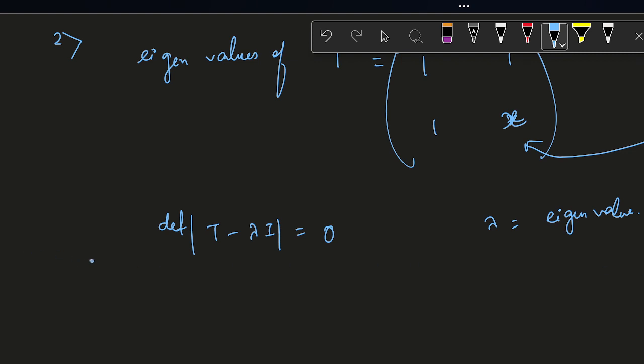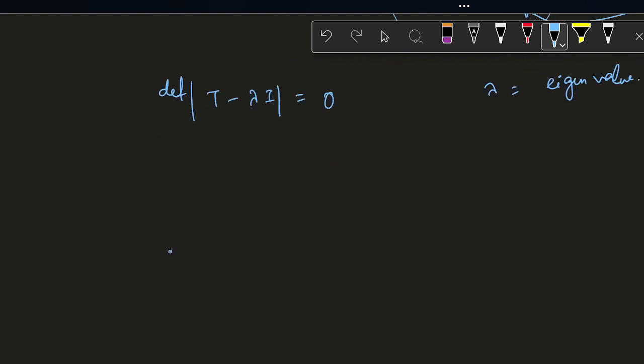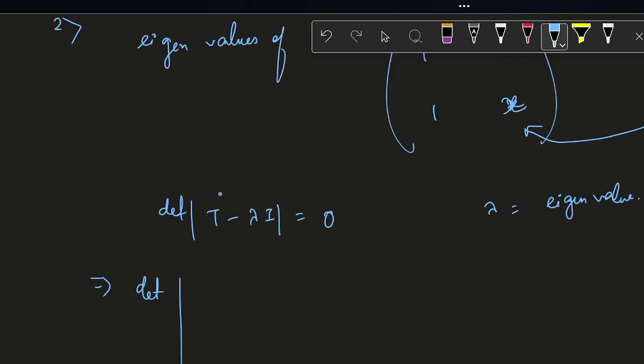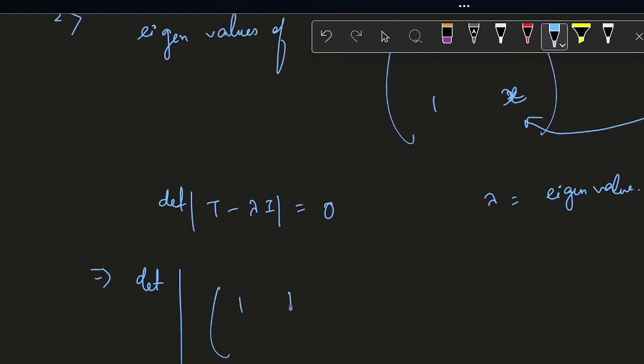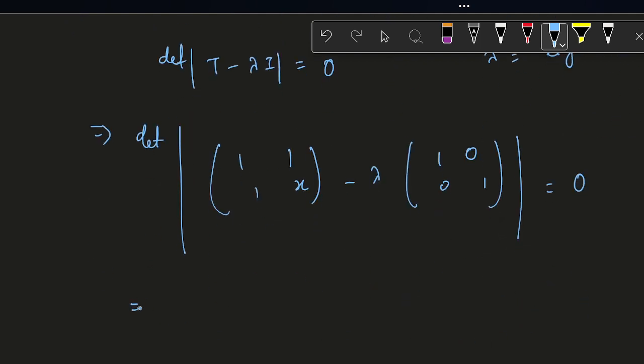You take the determinant of this whole thing, set it equal to 0, and from that relation you will get lambda as the answer. So in our case, the determinant of T minus lambda I, where T is 1 1 1 x minus lambda into 1 0 0 1, will be 0. First of all, let us construct the matrix that is inside the determinant.